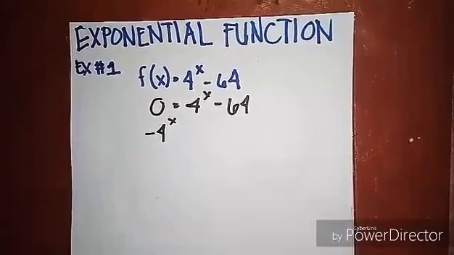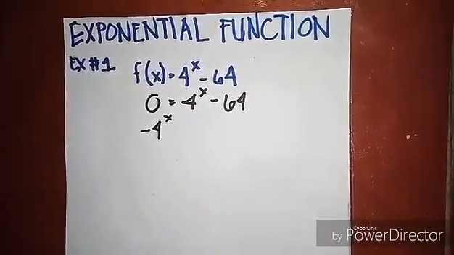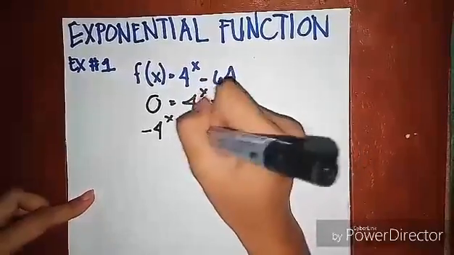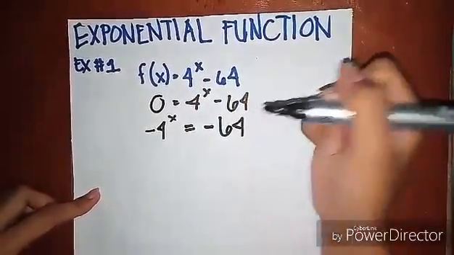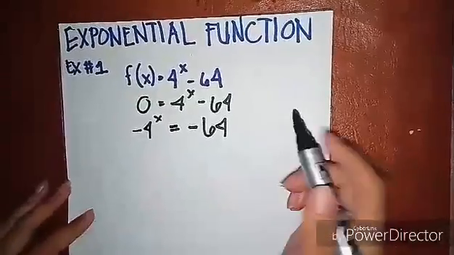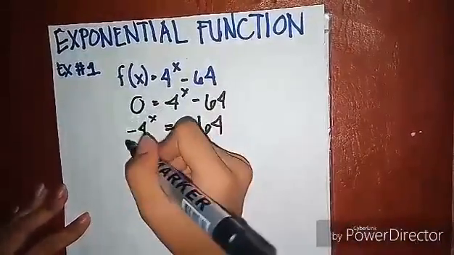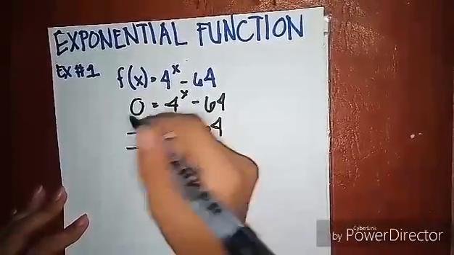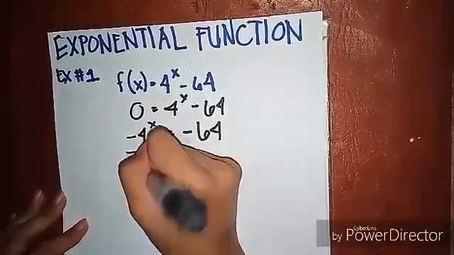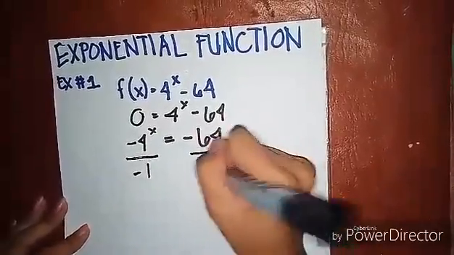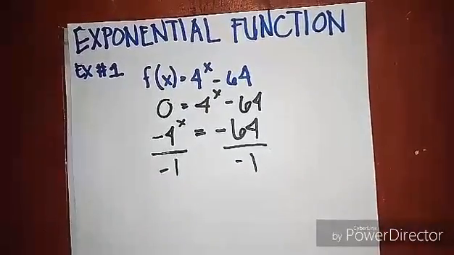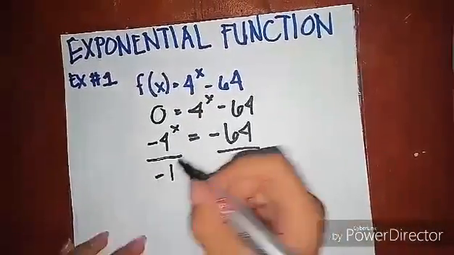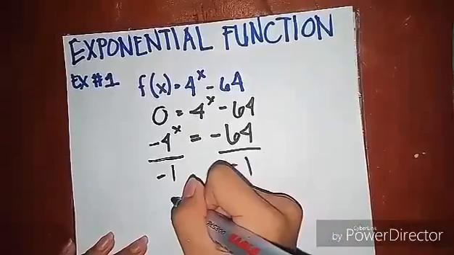Then negative 4 raised to x is equal to negative 64. Then divide both sides by negative 1. So 4 raised to x equals 64.